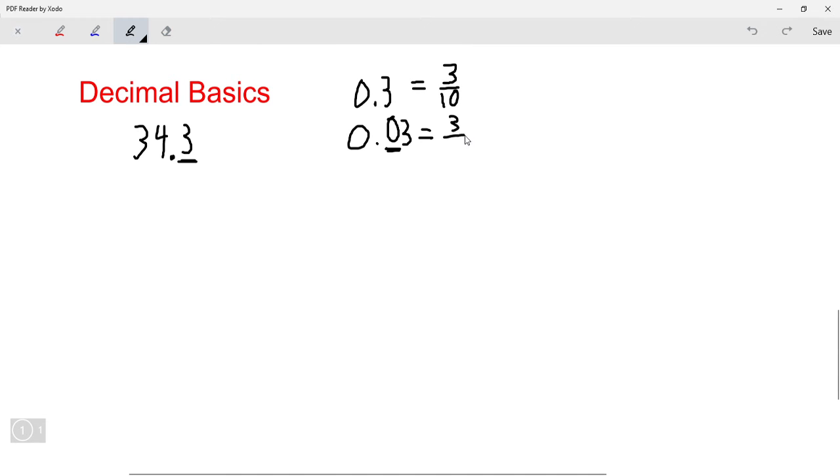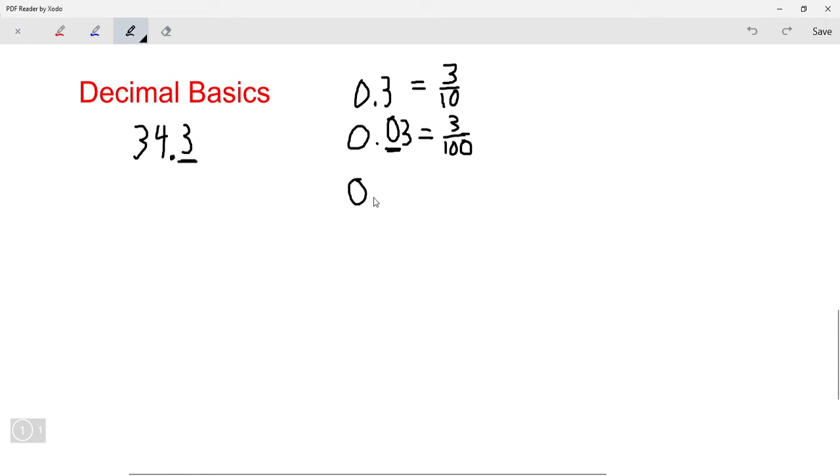And that would be equal to the fraction of the same name. So it is important to know how to name decimals and fractions, because if you know how to name a decimal, you can just write the fraction of the same name, right? This is 3/100ths, and this is also equal to 3/100ths.